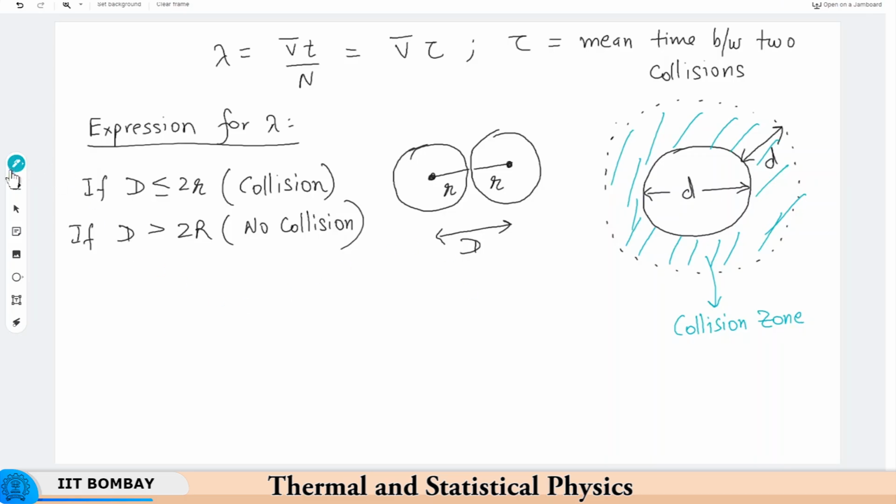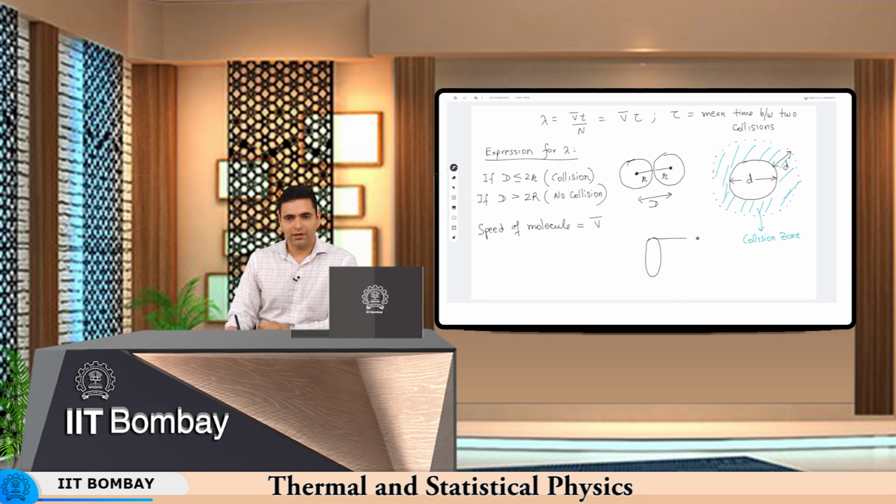So, remember, the speed of the molecule, like we saw, is basically V average, and over a time t, this gas molecule will trace out a volume in space which looks like a cylinder, whose length is V t and the radius of that cylinder will be d, right.